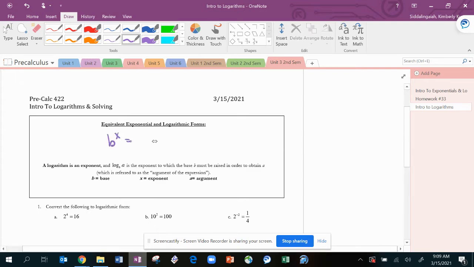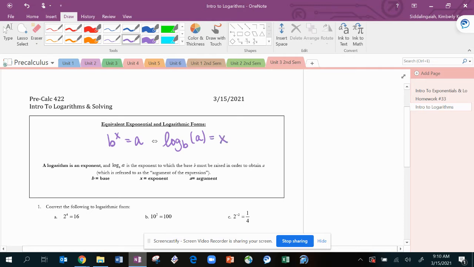If we have b to the x power equals a, that can be rewritten as a logarithm. Woohoo! So the base of the exponential is b. Logs have bases too. It will also be base b. The argument of the log is a. And here's the cool part.